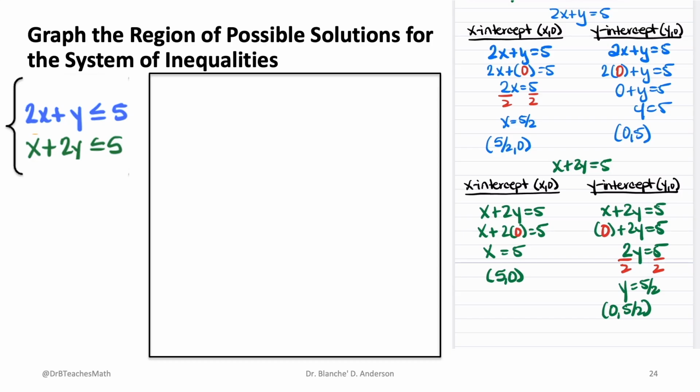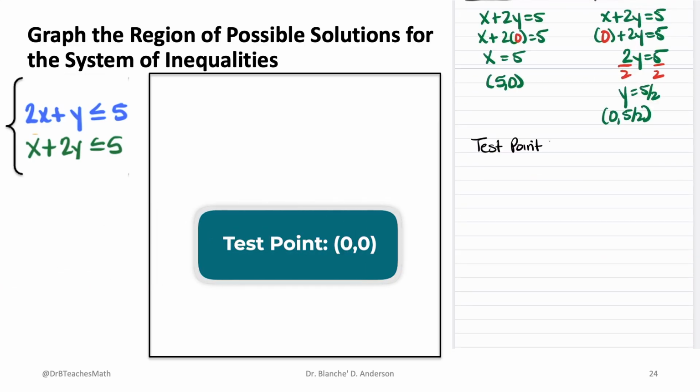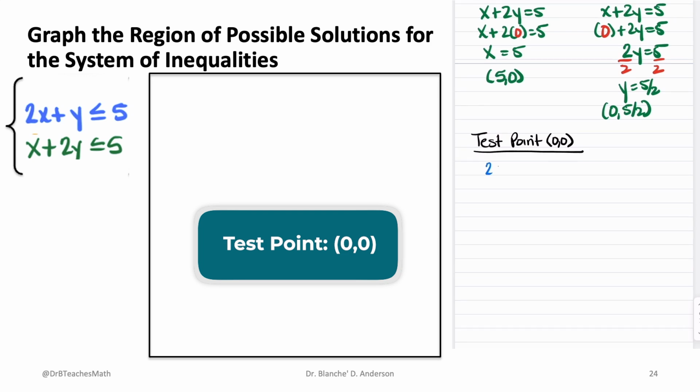Now, test points. I'll show you how we did the test points so that we know which side of the graph to shade on. Let's try 0, 0. 2x plus y is less than or equal to 5, and our green equation was x plus 2y is less than or equal to 5.